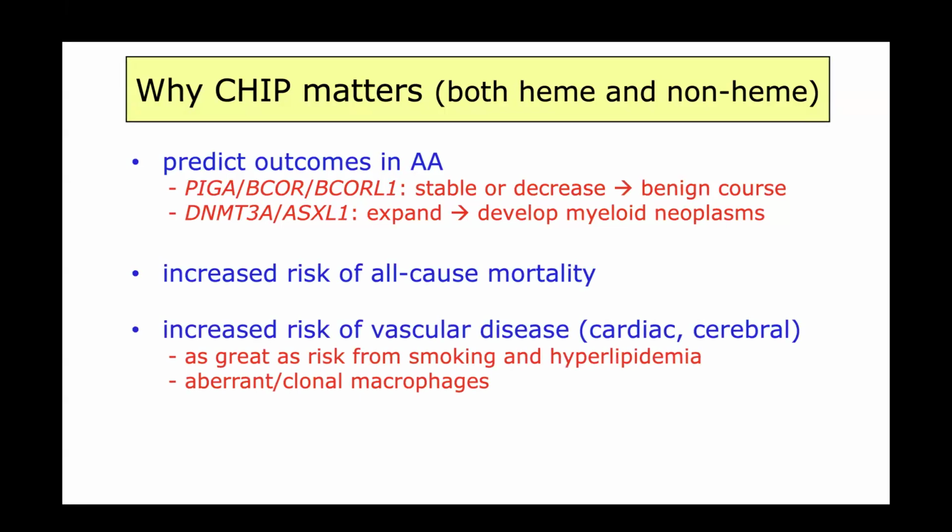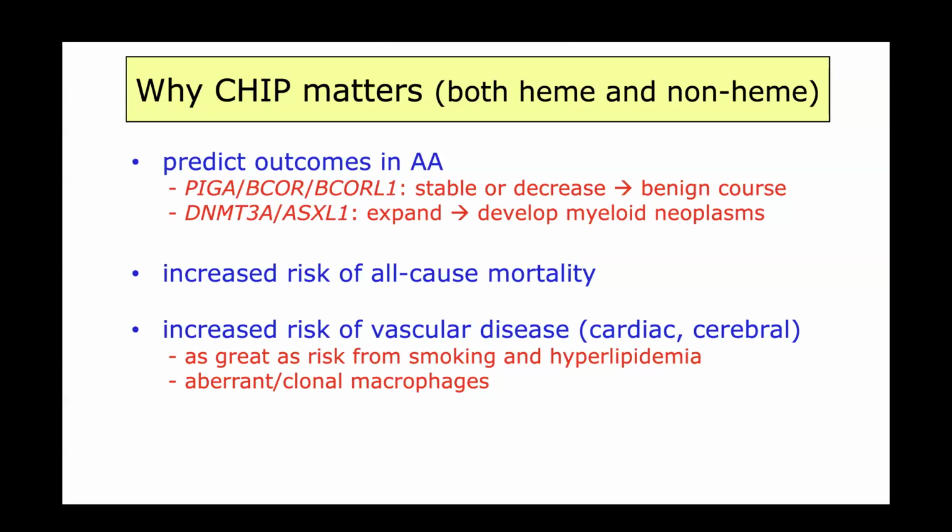And this is largely due to the increased risk in vascular disease, both cardiac and cerebrovascular accidents. And the risk for getting these vascular diseases is as great as it is from smoking and hyperlipidemia. And so patients with CHIP mutations and CHIP clinics that are emerging in certain parts of the world are more likely to be populated by cardiologists than they are by hematologists.